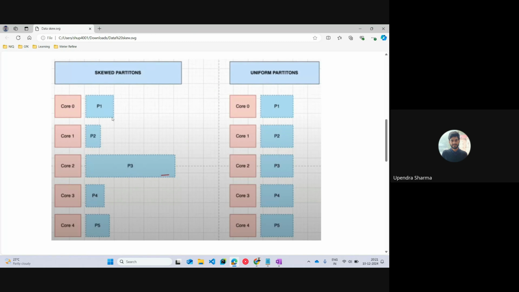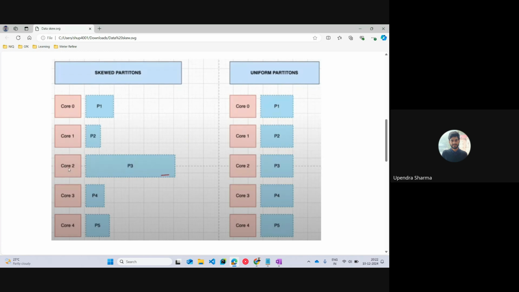So this is what data skewness looks like in real time, where one of the partitions takes much more time than the other partitions to get processed. So now core 2 will be stuck with this partition only. Core 2 has to finish processing partition P3, and only then can it pick up the next task, right?